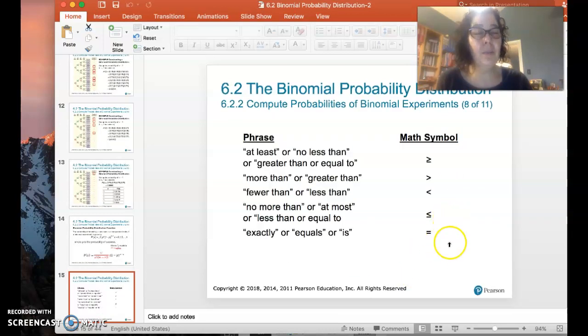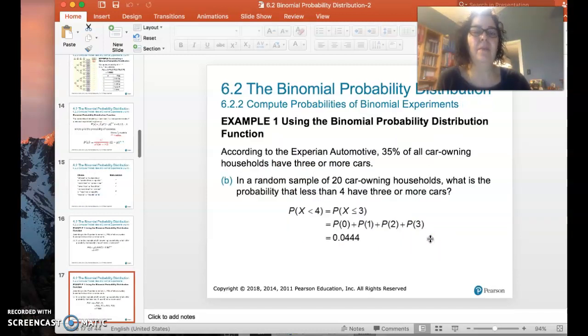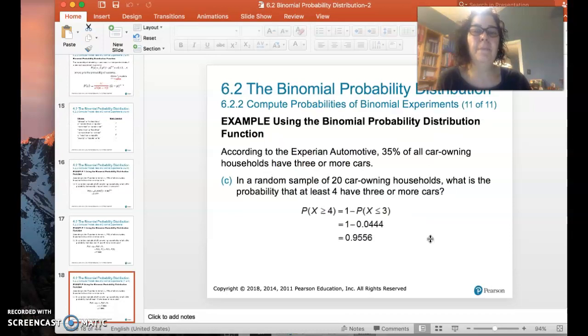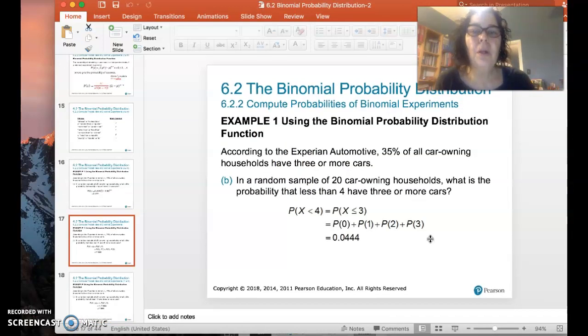So we need to know these math symbols: at least or no less than, more than, greater than, fewer than, less than, no more than, exactly or equal to. So how to interpret them, how to mathematize them. We gotta know that.